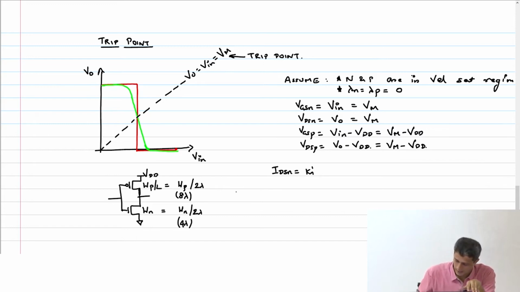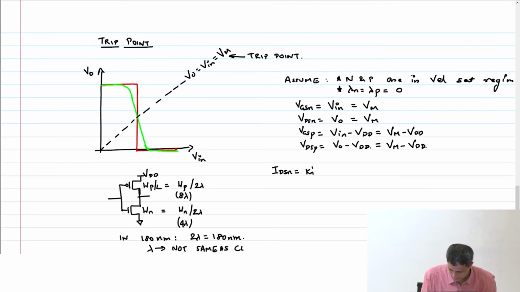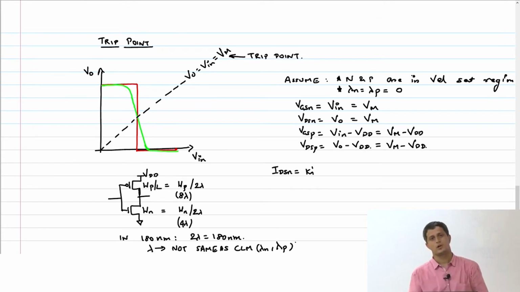Okay, and in 180 nanometer technology, 2 lambda equals 180 nanometer. Okay, and also let me write lambda not same as channel length modulation, lambda n, lambda p. Don't confuse it with that.